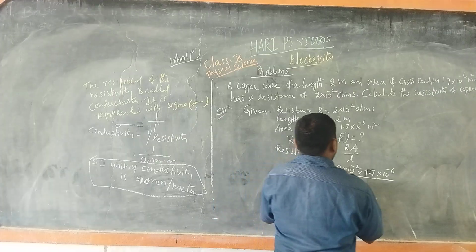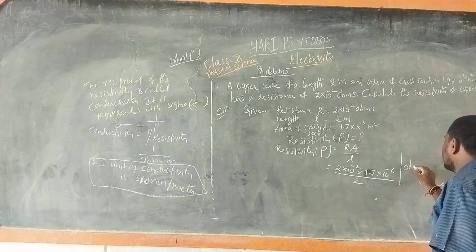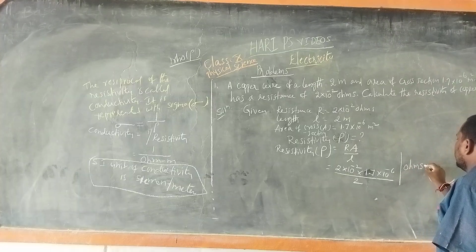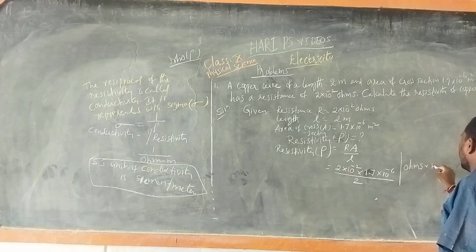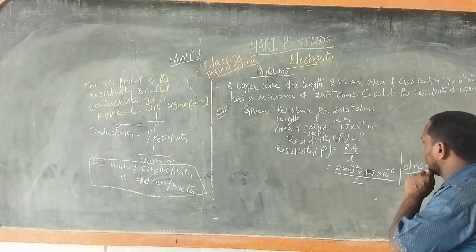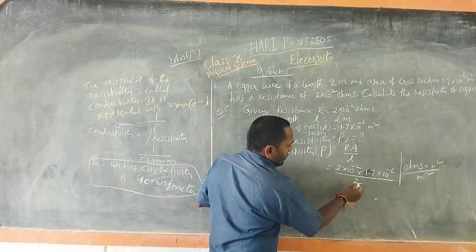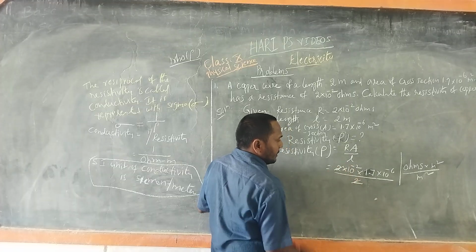Here we have to write the units also: ohms into meter square by meter. Let us do the simple calculation. 2 gets cancelled here.